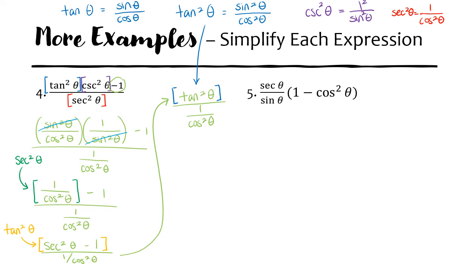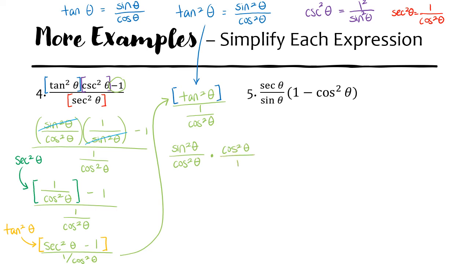So that means I'm going to have tangent squared, but actually I'm going to write that as sine squared over cosine squared. And rather than saying that's over 1 over cosine squared, I'm saying that's multiplied by the reciprocal, cosine squared over 1.